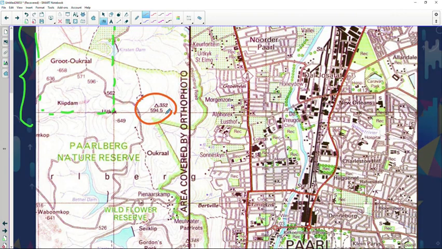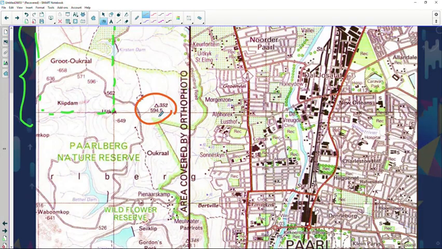It's not the actual height. The actual height is 594.5. That means this trig beacon is 594.5 meters above sea level. Please, matrix, don't get confused. The bold italic number is the trig beacon number and not the actual height.